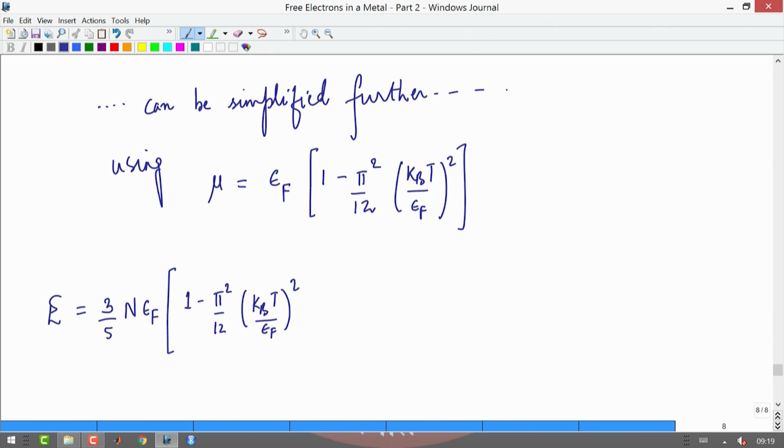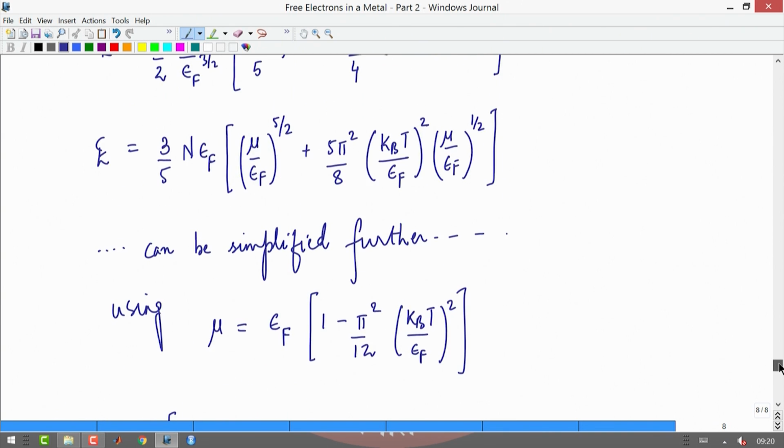Now, in the limit of small temperatures, when kT over EF is very small, I can expand this power to just linear orders and say that this is nothing but 5 by 2 into kT square over EF square. Okay.